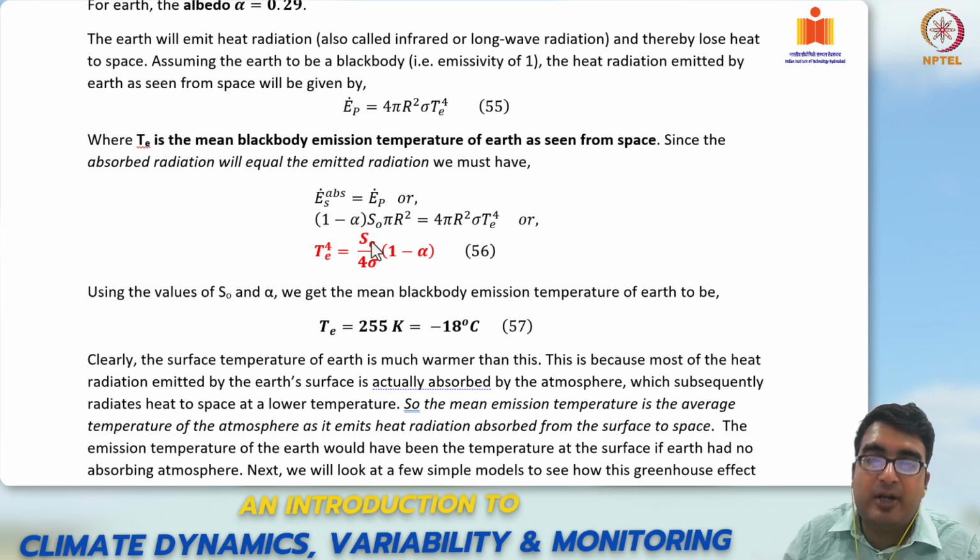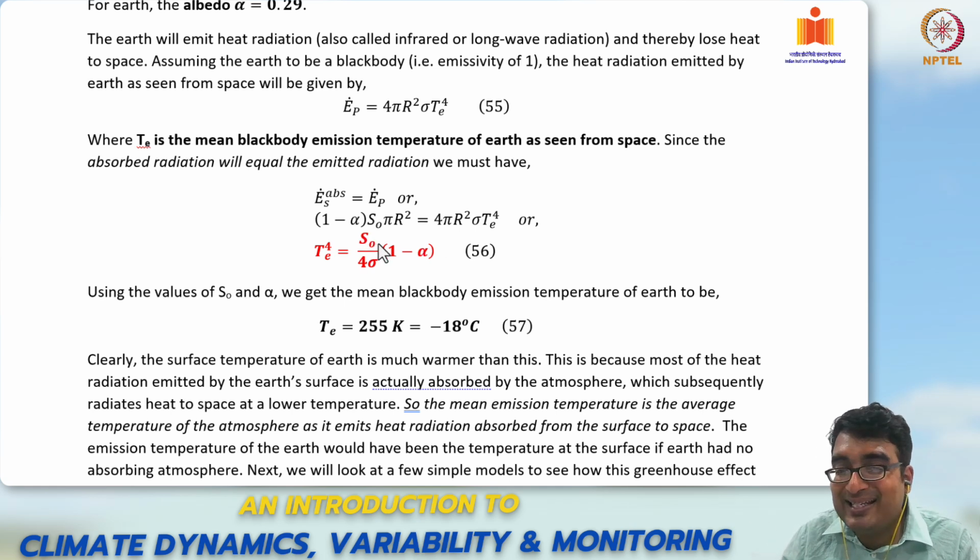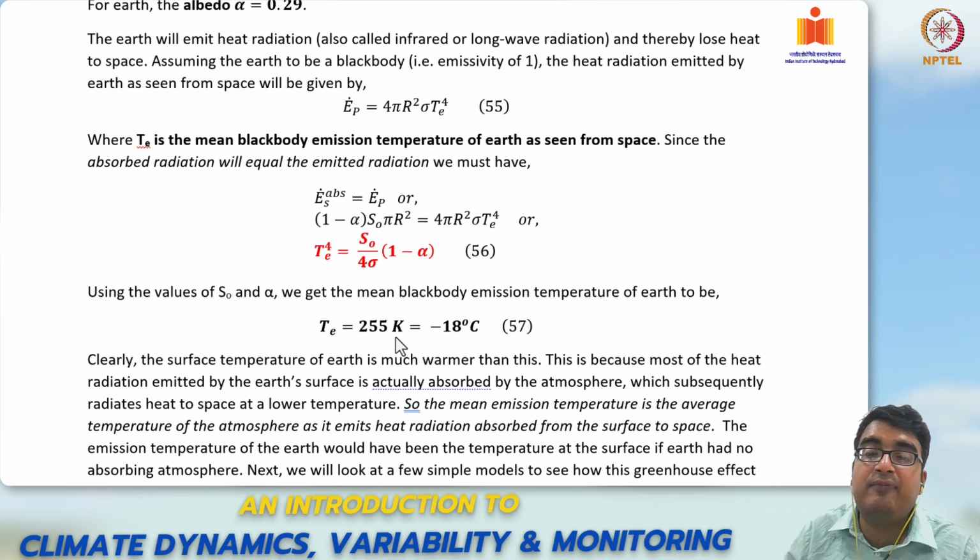We can do this for Earth. S0 is 1360, alpha is 0.29, and we know the sigma value. We take the fourth root here and we get the black body emission temperature of Earth to be 255 kelvins, which is minus 18 degrees centigrade.